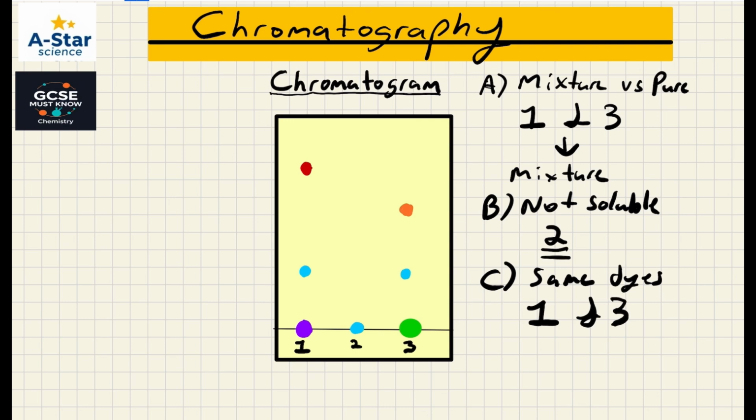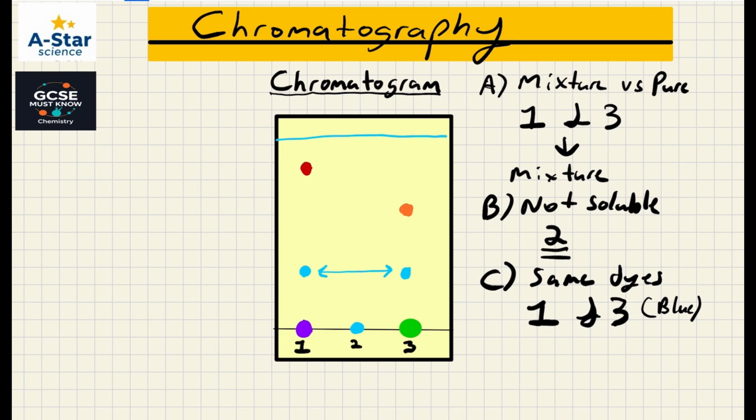So even though number 1 appears purple and number 3 appears green, they both contain that blue color. Now, the reason we know that is not just because of the actual color, but also where they're located. They're both located at the same point. That means that they will be the same distance, have the same RF factor as each other.